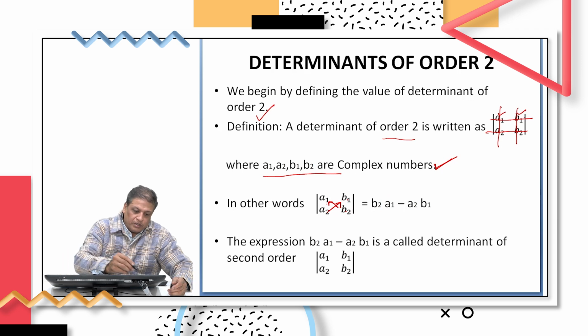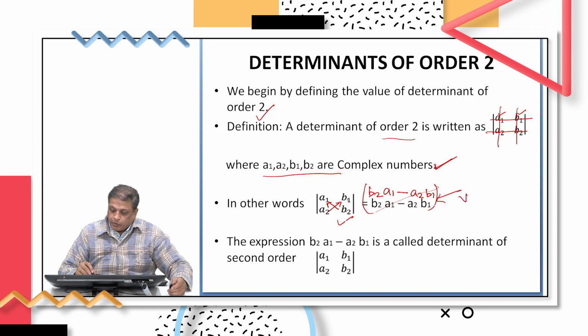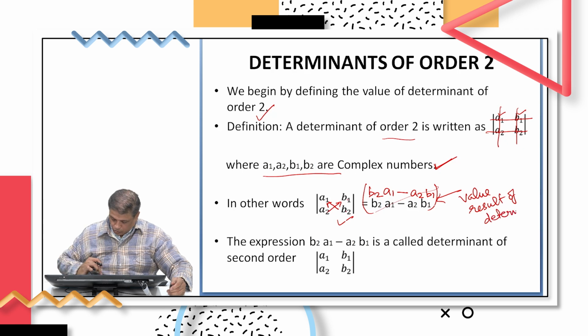So B2 into A1 minus A2 into B1 will be the solution, the result of this determinant. The expression is called a determinant of order 2, that is second order, because there are 2 rows and 2 columns.